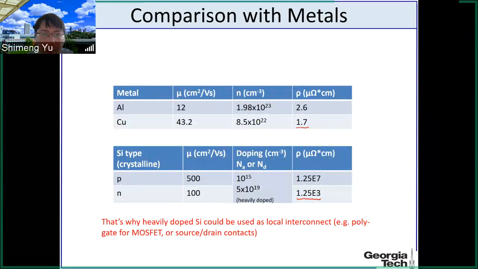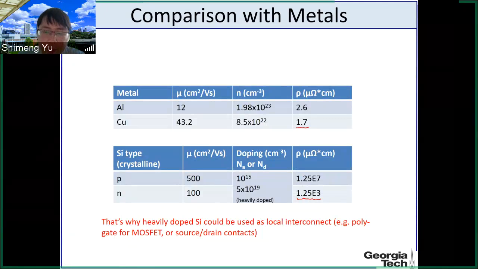To reduce the contact resistivity, we typically need to heavily dope the silicon to make it an interface between the metal and the normal semiconductor. This interface is typically heavily doped silicon because it's kind of metal. It's not as good as metal, but it's approaching metal. So it's an interface between the metal and the normal semiconductors where you have the doping maybe in the 10 to the power 15, 10 to the power 16.